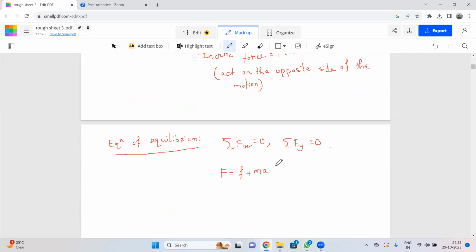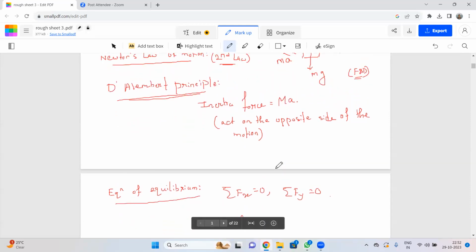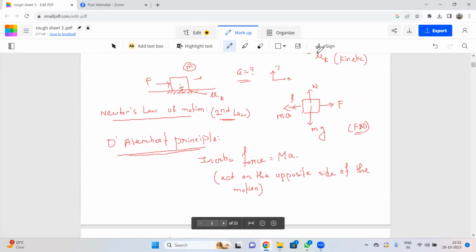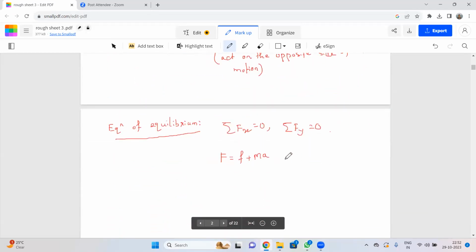And what about summation of Fy? In the positive y direction we have N, and in the negative y direction we have m into g. So N minus mg is equal to 0, or we can write N is equal to m into g.